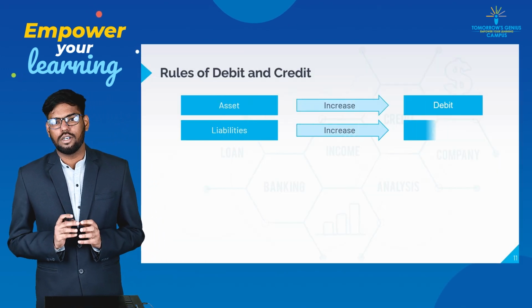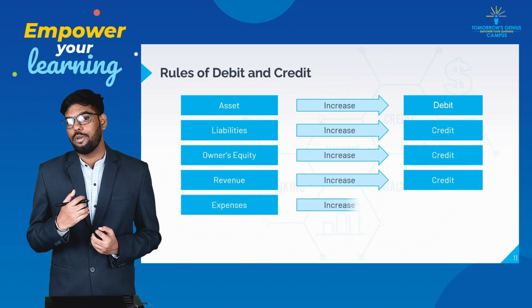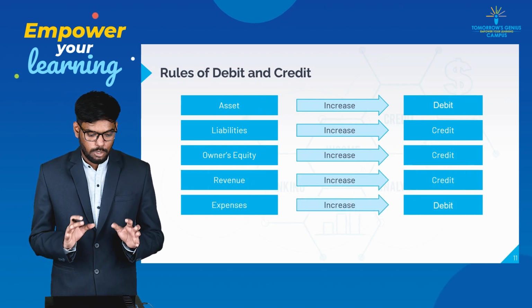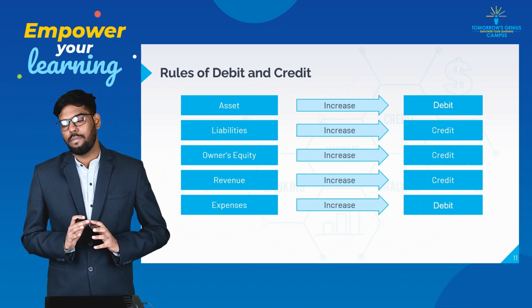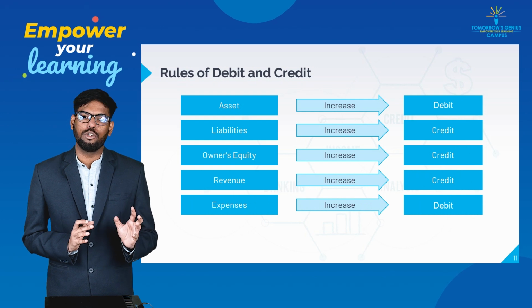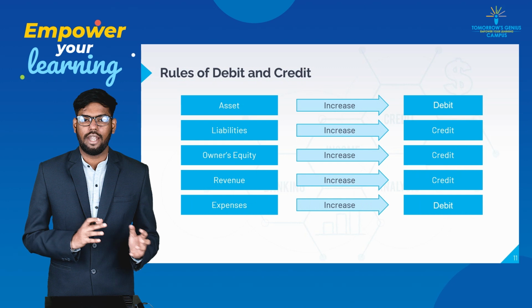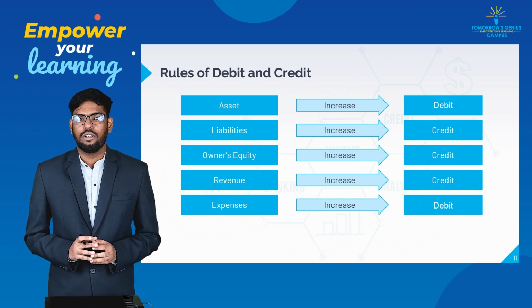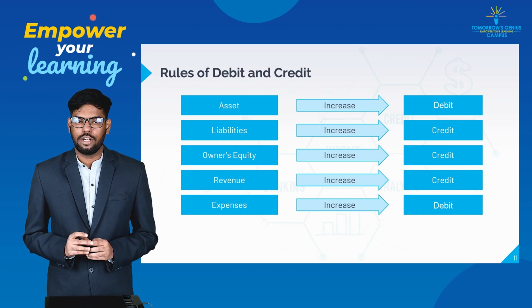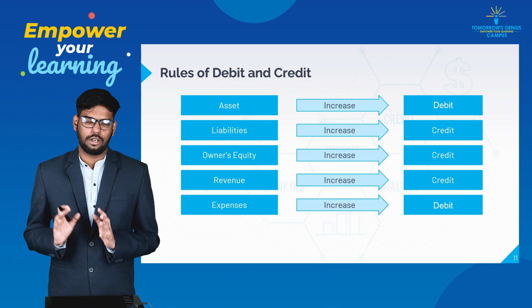Now, in order to understand this accounting equation and how it is used, first we have to understand the rules of debit and credit. These rules are based on the accounts we studied, the modern approach and the traditional approach. Here we are considering the modern approach of accounting: assets, liabilities, expenses, income and capital.